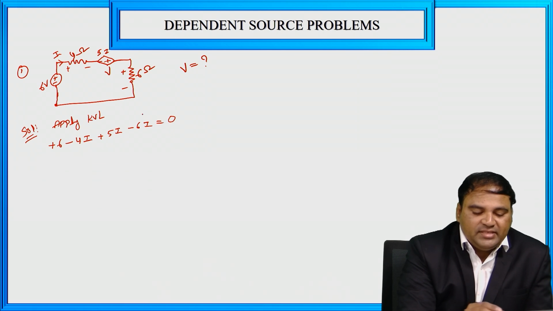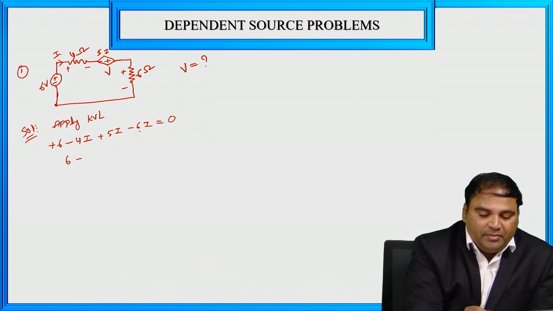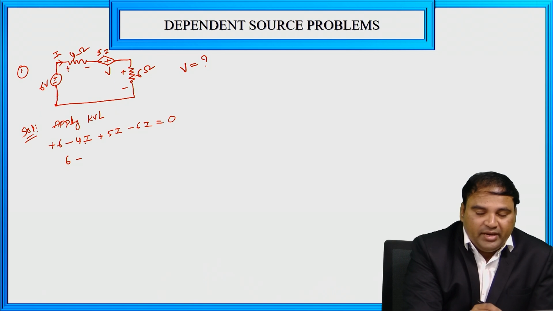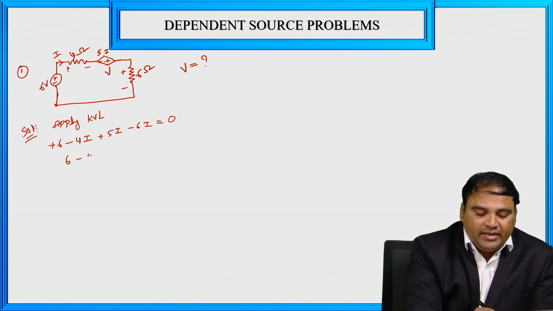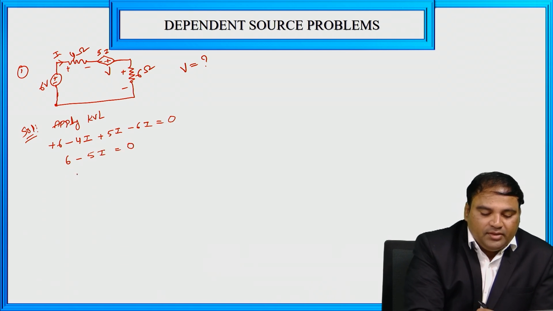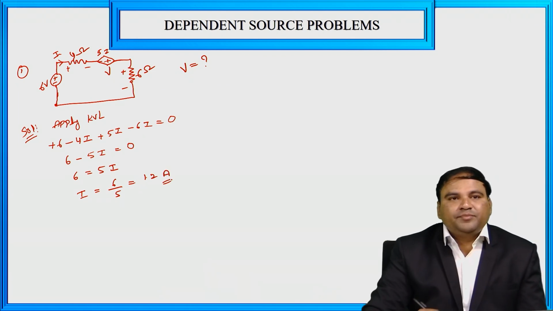Now simplify this equation. So we get 6 minus 5I equal to 0. Then 6 equal to 5 into I, where I equals 6 divided by 5, that is 1.2 amperes, right?